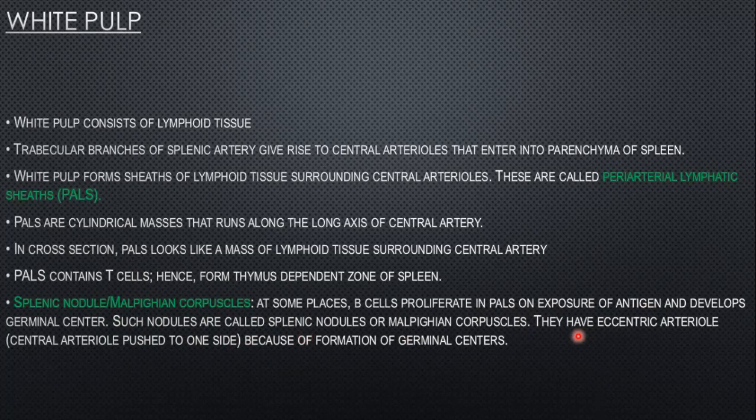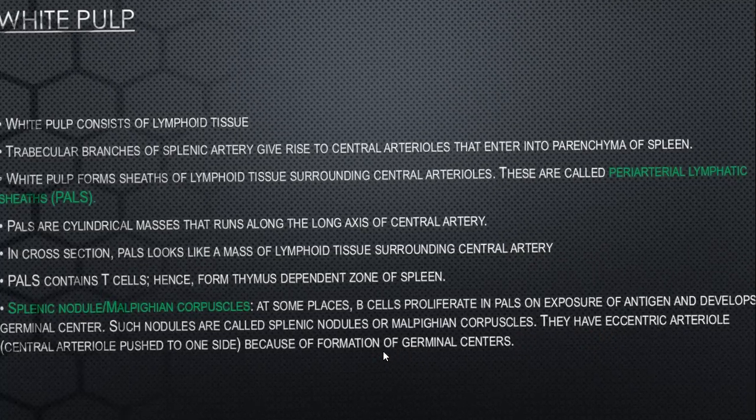Once they form, they push the central arteriole to lie on one side, since they are proliferating. That is why it is called the eccentric arteriole. It no longer remains a central arteriole, due to the formation of the germinal centers.